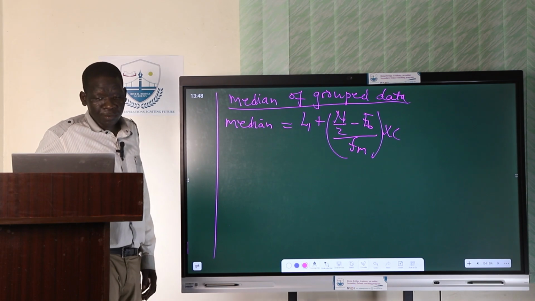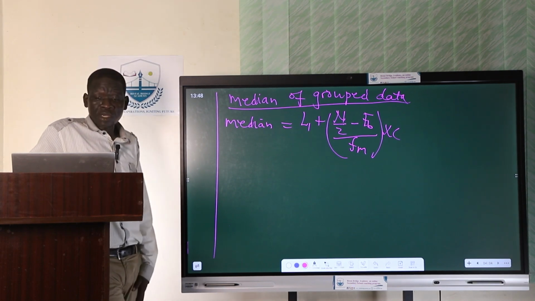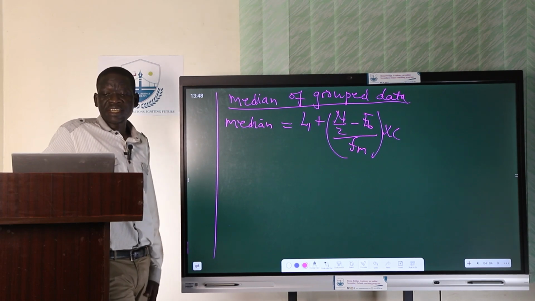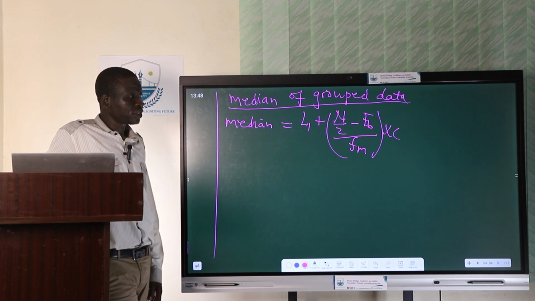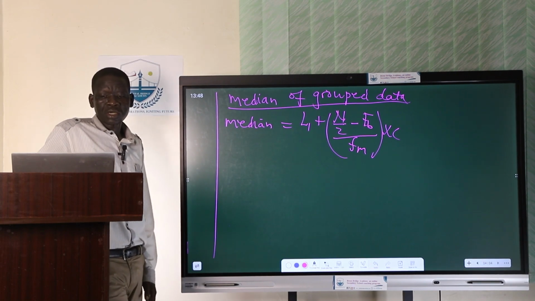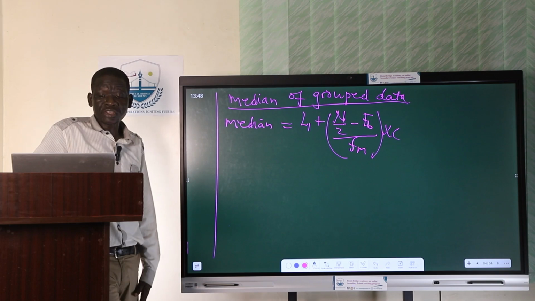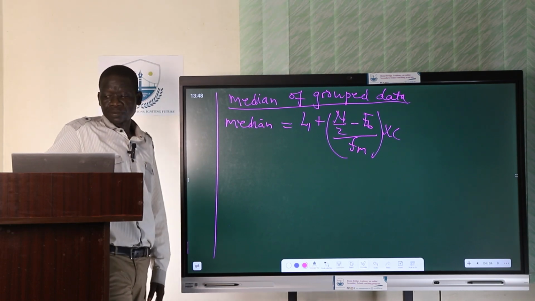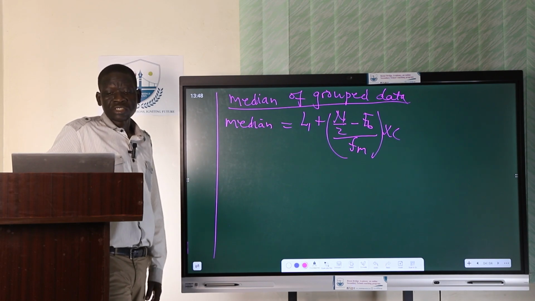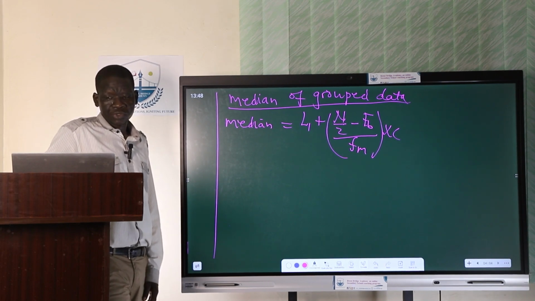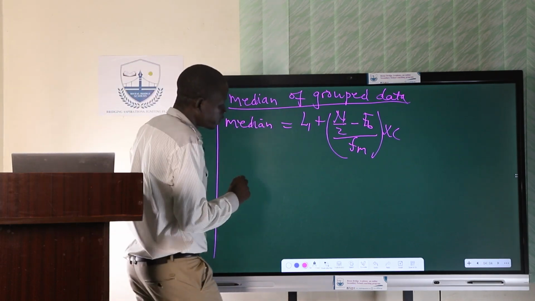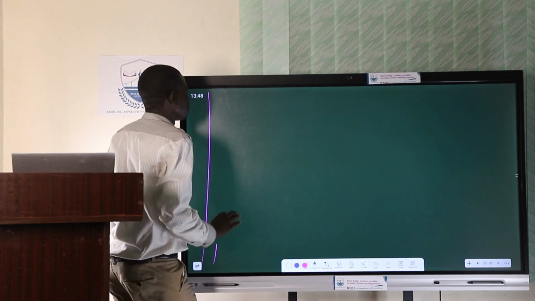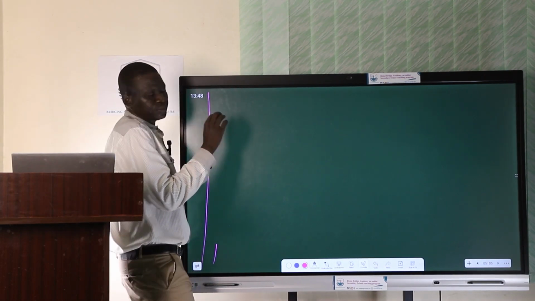Let's look at an example. The table below shows the marks obtained in the end of year exams in mathematics by S3 students of a certain school in 2023. So this is the table of values. We are drawing the table.